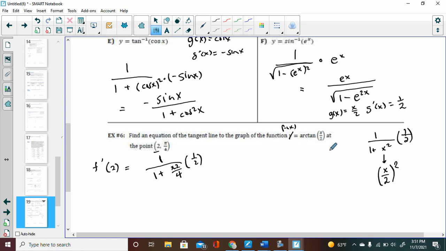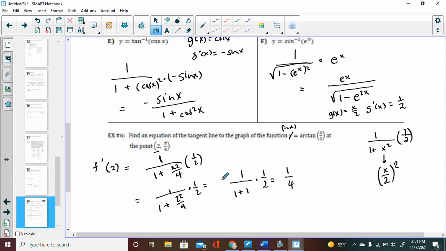I'm getting all that from right there. So I said we want to get this derivative. So 1 over 1 plus 2 squared over 4 times 1/2. This equals 1 over 1 plus 1 times 1/2, and it equals 1/4.